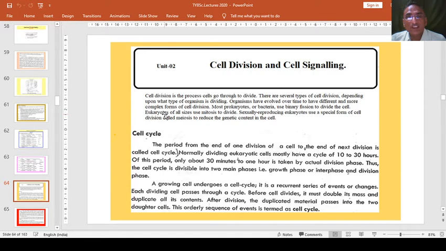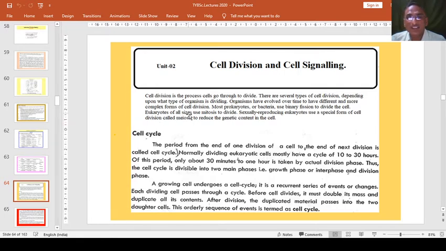Eukaryotic cells of all sizes divide themselves by a process of mitosis, and the sexually reproducing cells, in their germinative organs, usually divide by the method called meiosis.